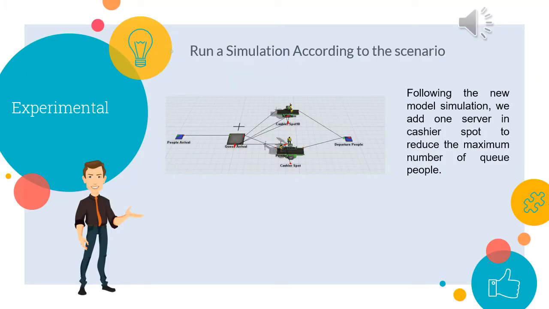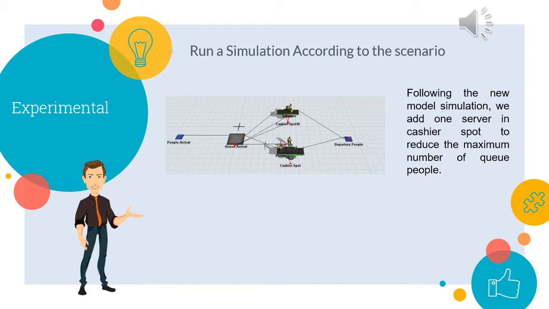And this is our second simulation or our improvement simulation. The weakness of the first simulation model is that we want to reduce the maximum number of people queuing in the queue arrival.